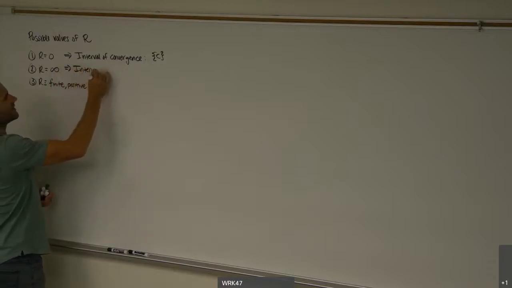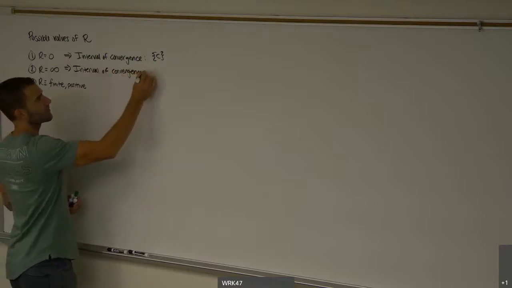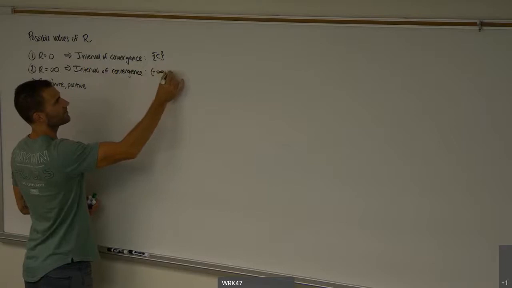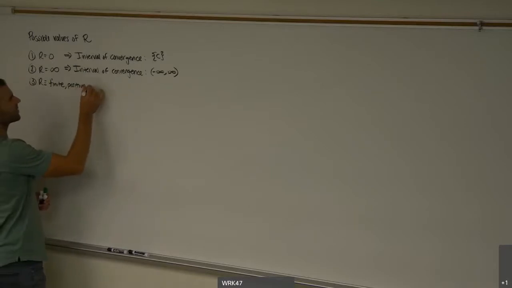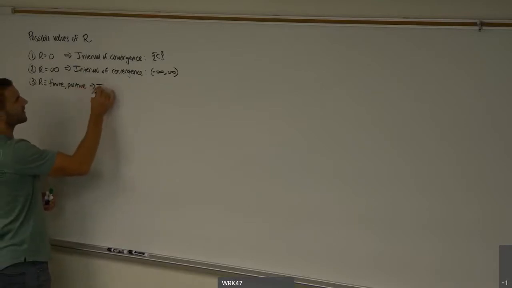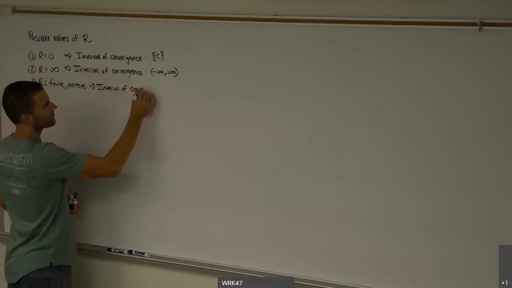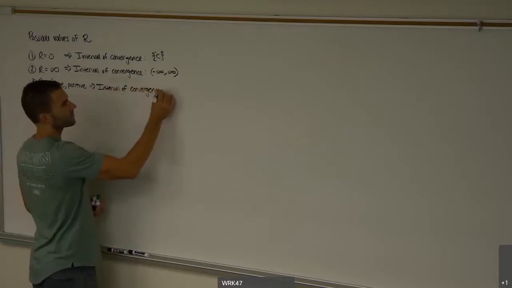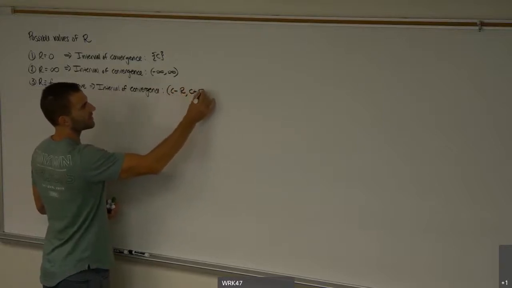If R is infinity, the interval of convergence is all real numbers, negative infinity to infinity. And the last case, R is finite and positive. This implies that the interval of convergence looks something like this. c minus R to c plus R.